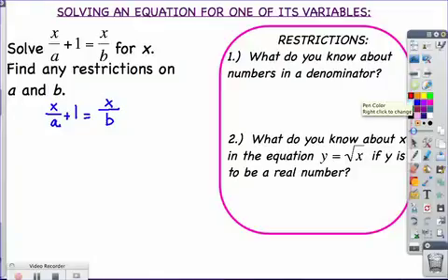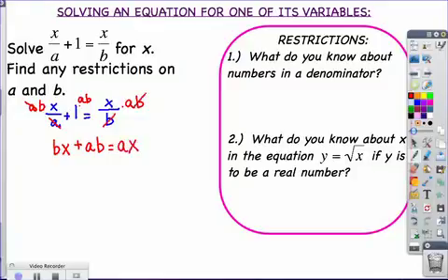So I'm going to use the reverse distributive property to separate the x out from these terms. So now I'm left with a minus b. Finally, I can divide both sides by the quantity of a minus b. X equals ab over a minus b.